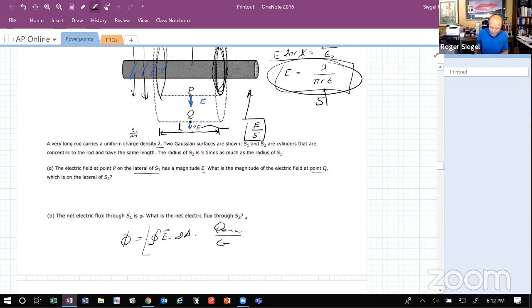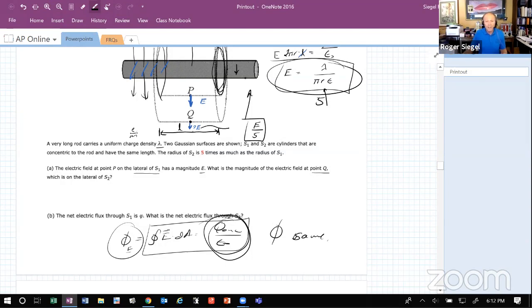This is Gauss's law. Don't forget, this is the electric flux. And so if we can say what that is, we can easily figure out that as I get a bigger cylinder, I'm not changing the Q enclosed, so the flux is the same everywhere outside of the radius of our charge.